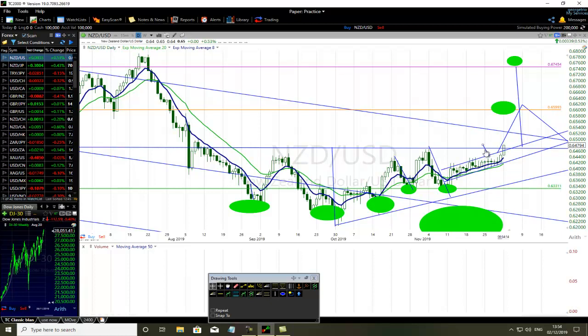Apart from the inverted head and shoulder channel target, we can also use the width of that.